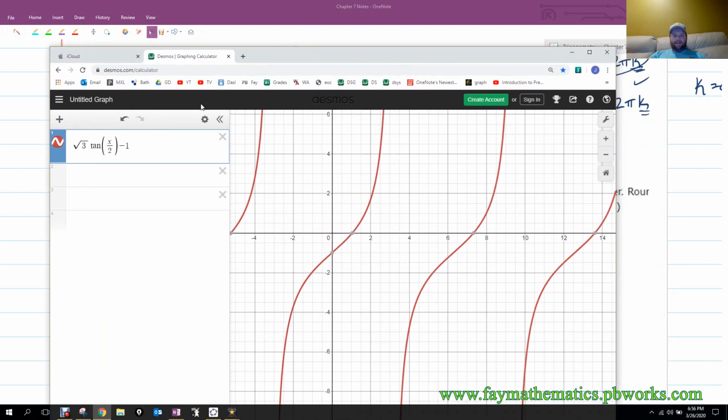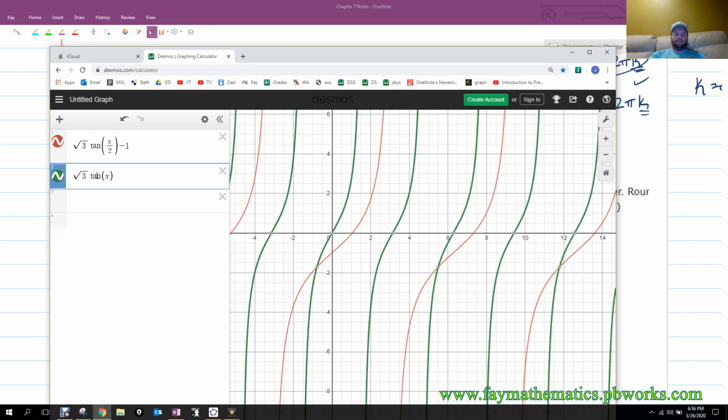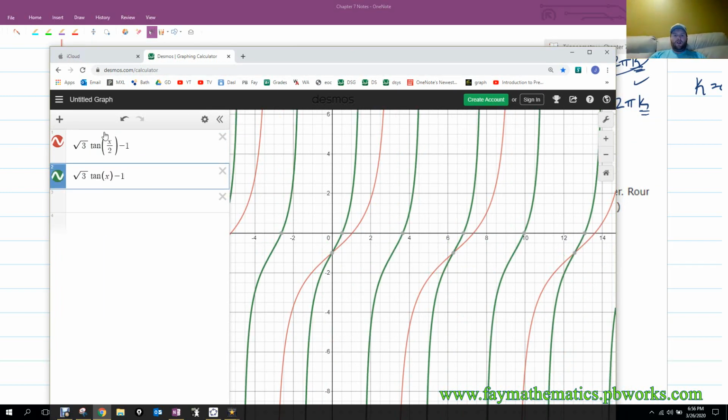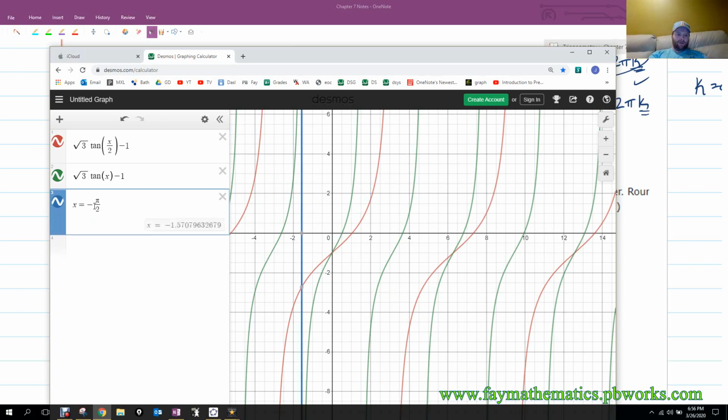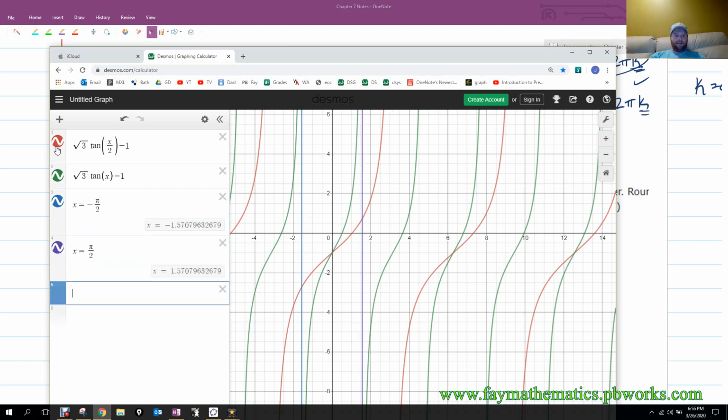Let's look at how that compares to the square root of 3 tangent of just x minus 1. If we look at just between negative pi over 2 and pi over 2, remember, that is the period for our tangent function.